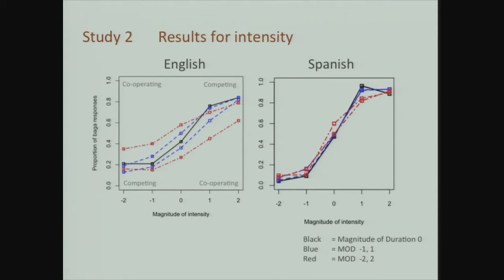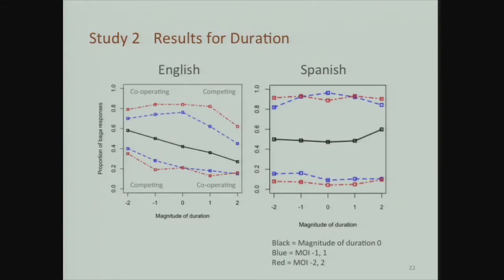And the red lines are the extremes, two magnitudes above and below. What you can see is that the intensity contour is being affected by what's going on with duration, and that we seem to be getting a bigger effect of that in English than perhaps in Spanish. So that's there for you later if you would like.